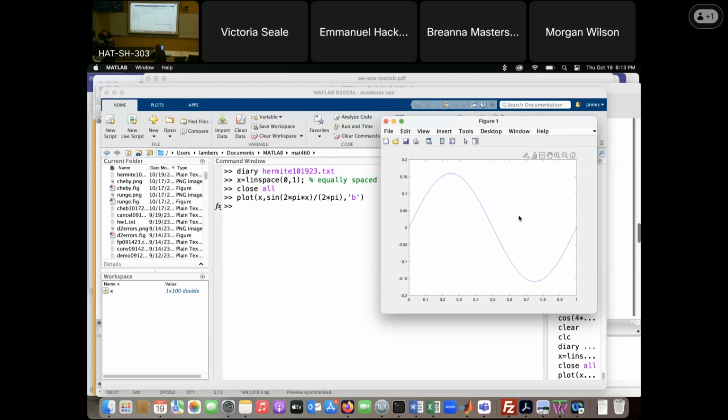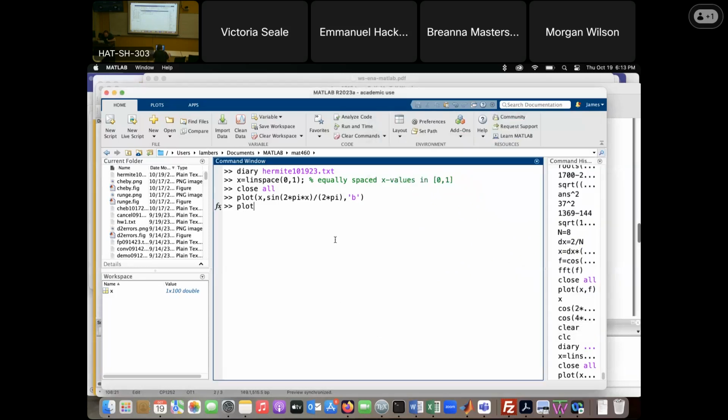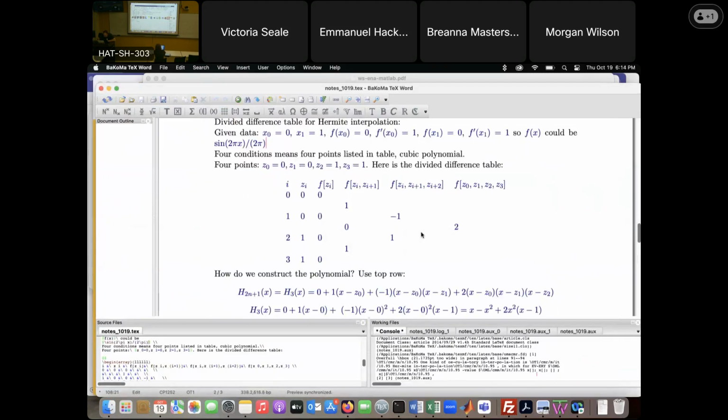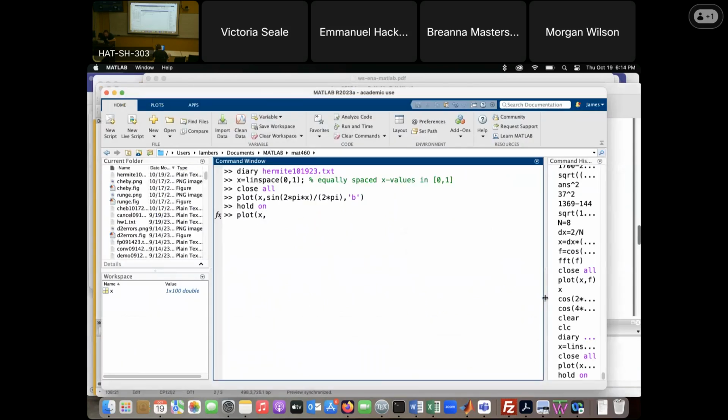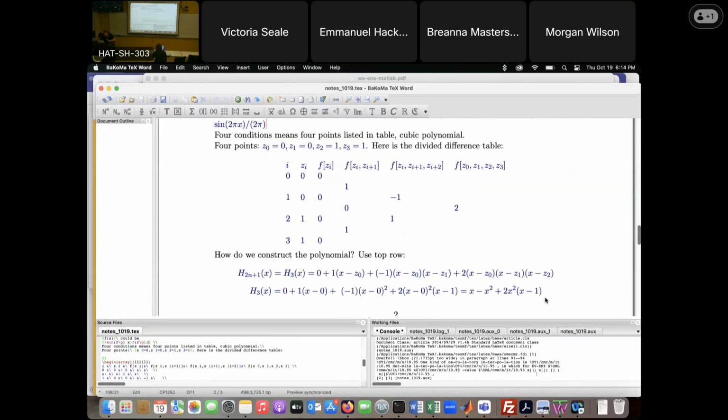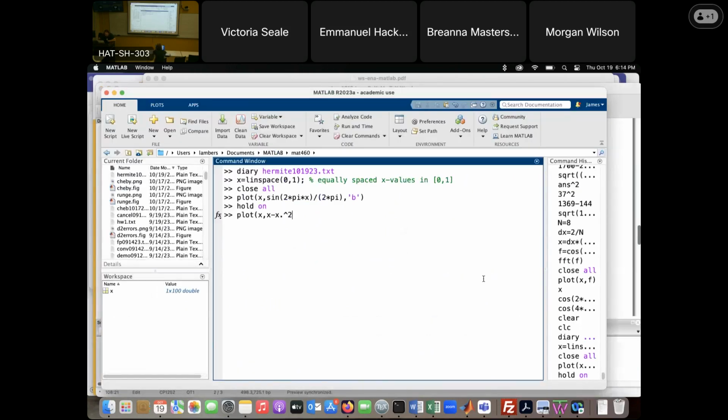We'll find out. Now, I need to do a hold on. I want to see both plots in the same graph. And then I need to look up my polynomial that I'm going to plot. Okay, here it is: x minus x squared plus 2x squared times x minus 1. So I can include that in my plot statement. So x, and then I'm going to have x minus x dot squared. x is a vector.